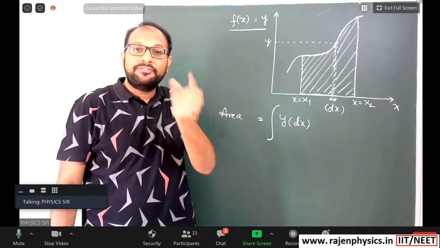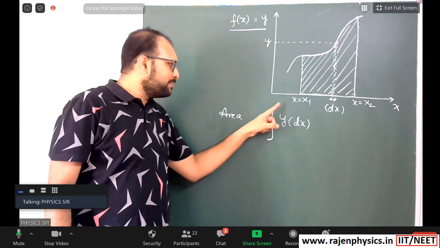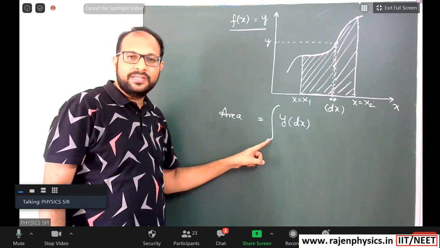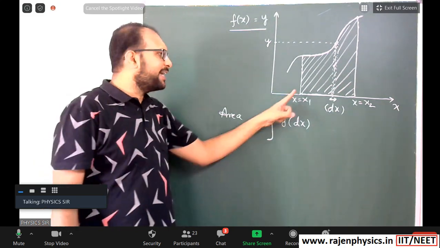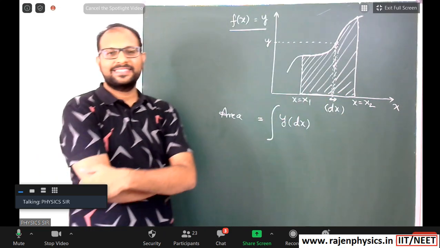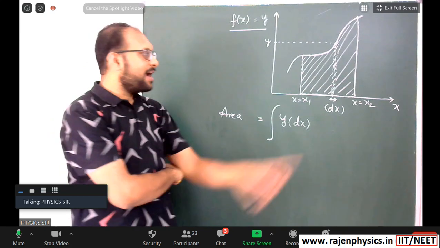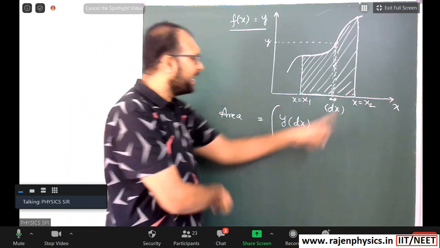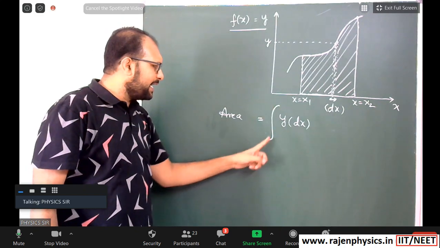If you add all the areas, that is nothing but a sum, and the sum symbol is this integration. Because only after adding all those areas will you get the net area from here to here. So to find the area under the graph from here to here, or from one point to another point, this is the integral.